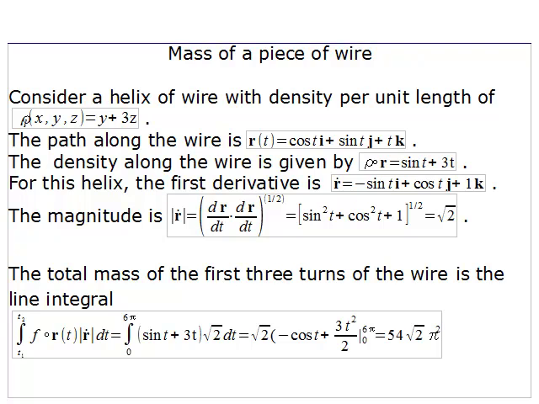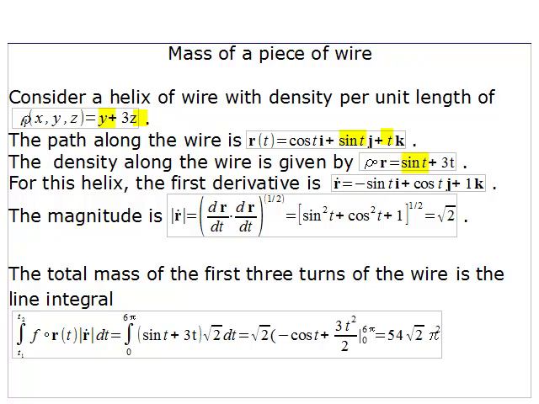Well, there's no x's, so forget that. Every place you have a y, there's only one y here, you put sine t. That's why the sine t is right here. Every place you have a z, you put t. So you just compose them together. And when you've composed them, you get sine t plus 3t. That is the function composed with the path.